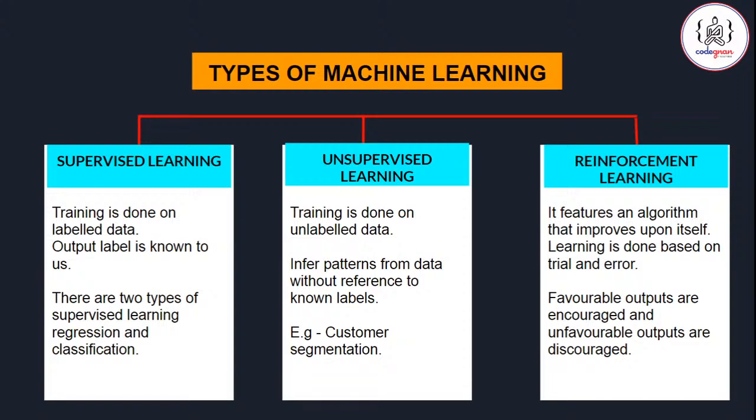Initially it makes some mistakes, then it learns that it predicted wrongly, then it tries to correct that mistake, and again it tries to improve. Again, if it is making some mistake, then again it tries to remove that misclassification, right? So this is your reinforcement learning here.